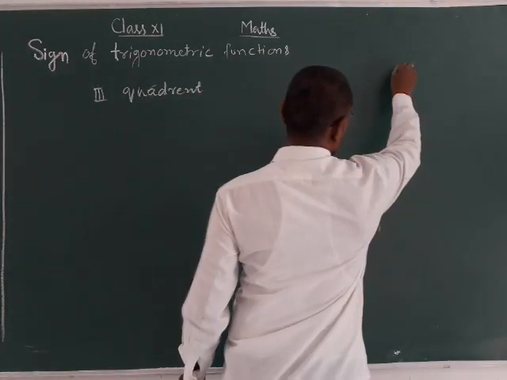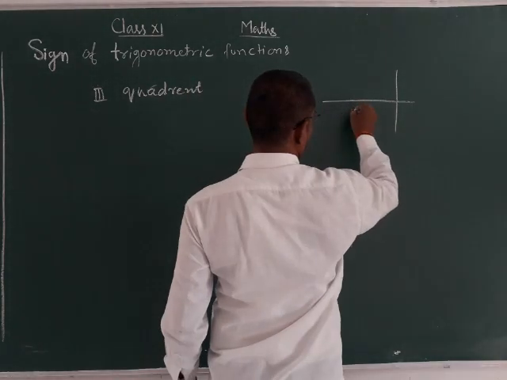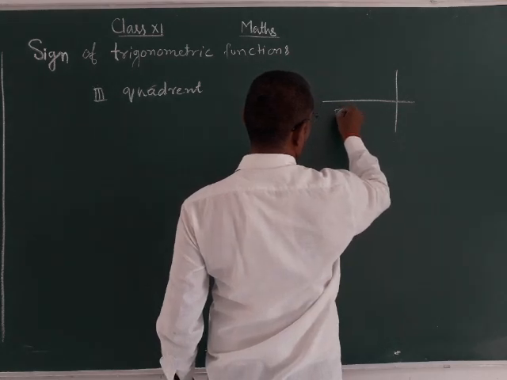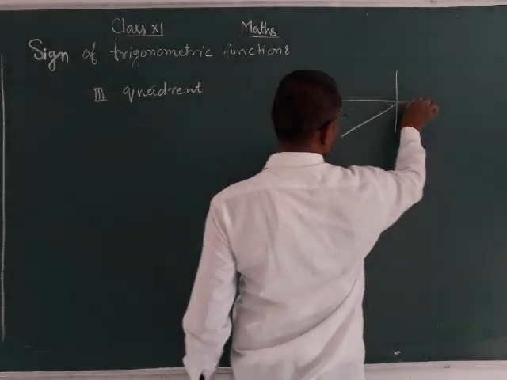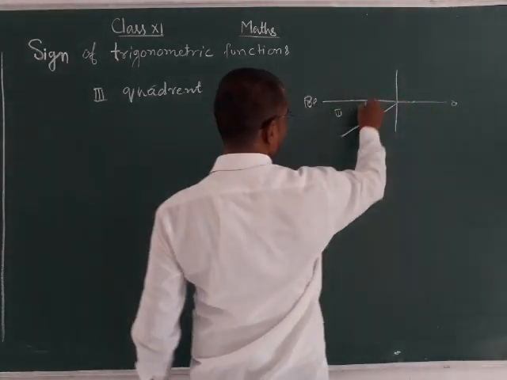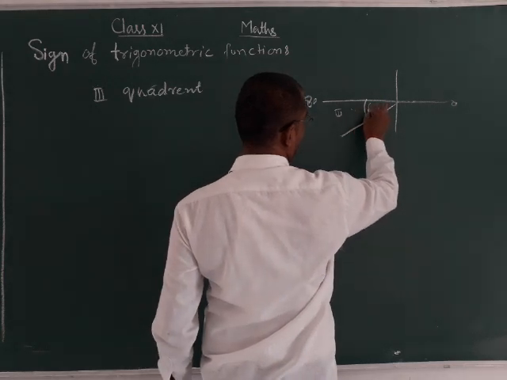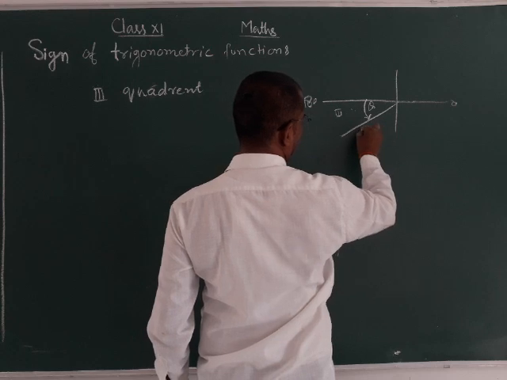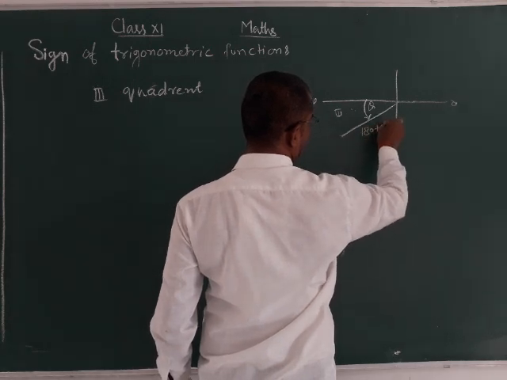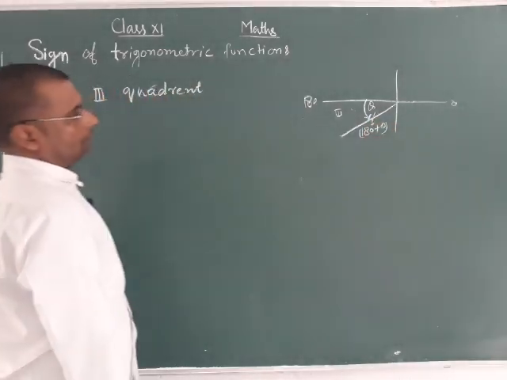So this is the third quadrant, 180 to 270. Move this downward and let this angle be theta, so the angle is 180 plus theta.